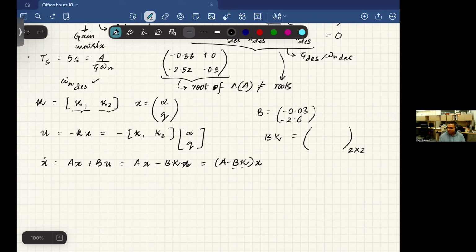How will you find out K1 and K2? Now A minus BK is the desired system matrix that you are looking for. So if I write the characteristic equation of A minus BK, it should exactly turn out to be the desired characteristic equation that I was looking for.